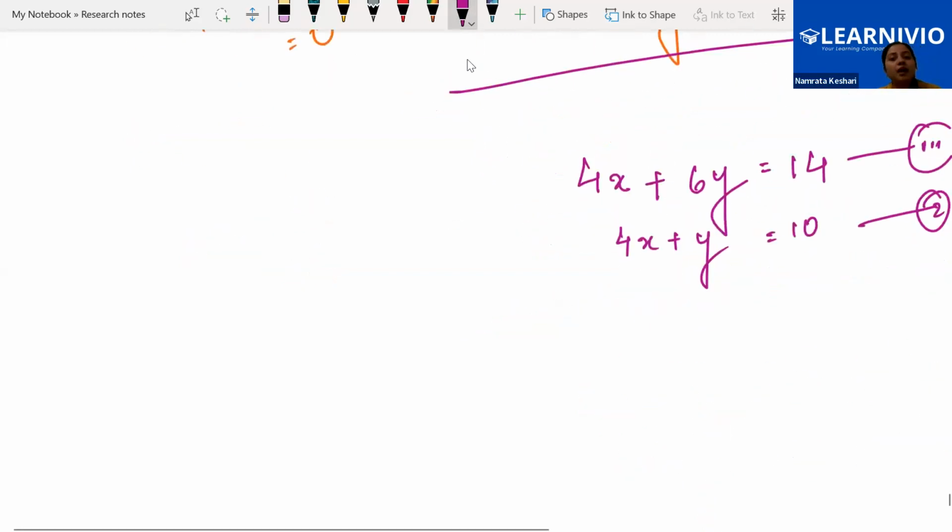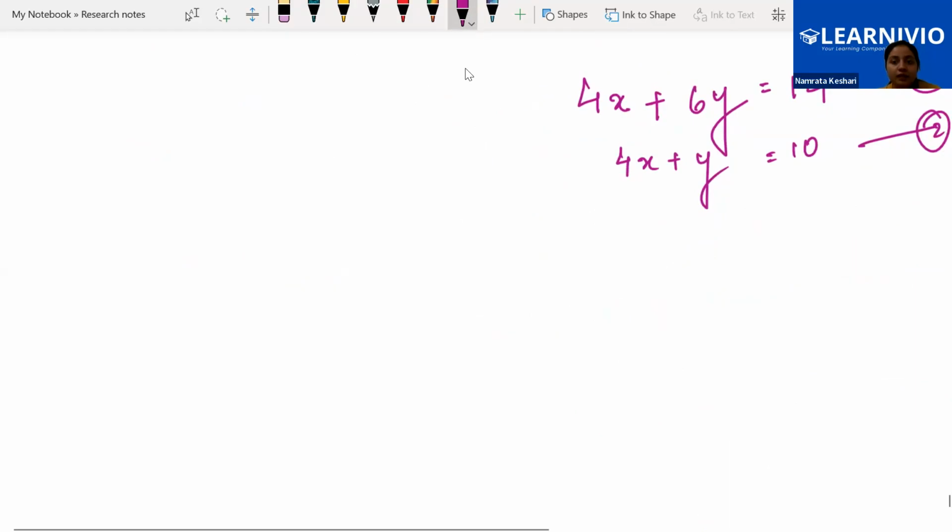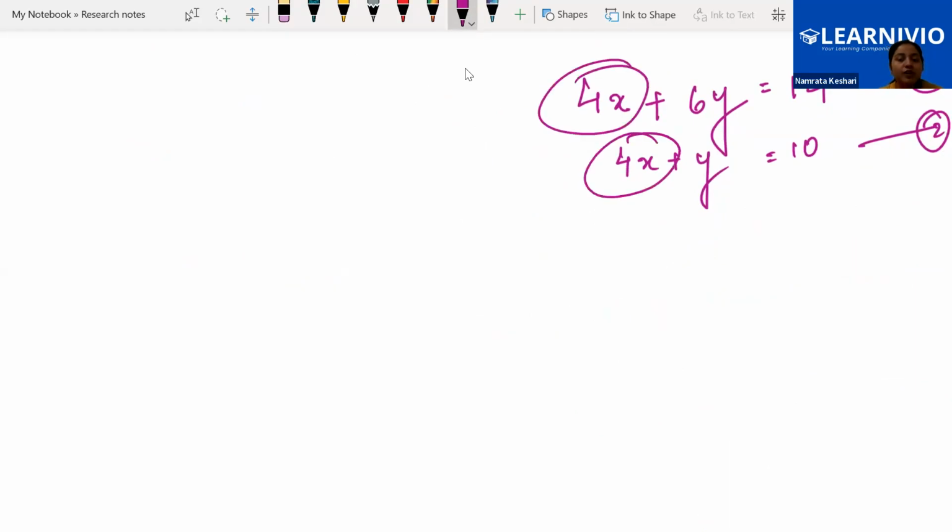Now we will be thinking about adding or subtracting. Here we are having 4x, here we are having 4x. When both are having same sign, then we have to subtract it. When both are positive, then we have to subtract them to make 0.